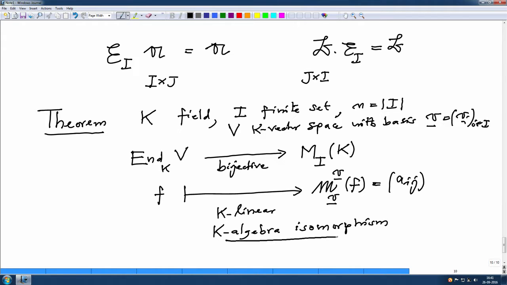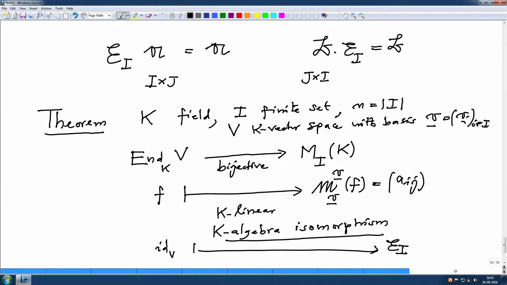Not only is it an isomorphism of vector spaces, it is an isomorphism of rings. Remember, an isomorphism of rings means it respects addition and multiplication in the ring, and identity should go to identity, and that we have checked just now. The identity map corresponds to the identity matrix E_I. So that is very important. It is a K-algebra isomorphism.